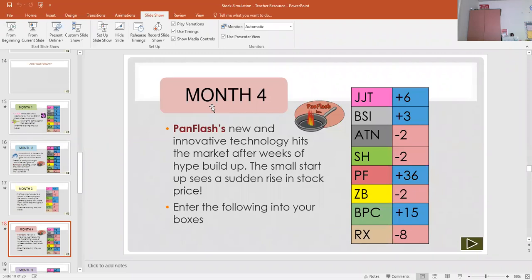So type this in right here for month 4. And then we'll go back to the other ones after. So Ryan, just stay on that monthly tab the whole time.